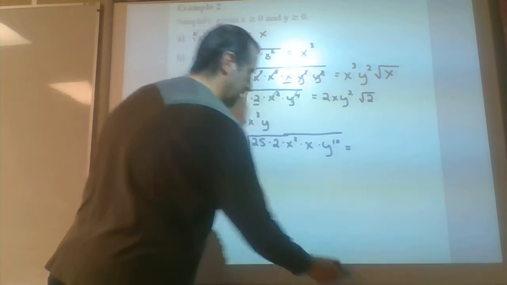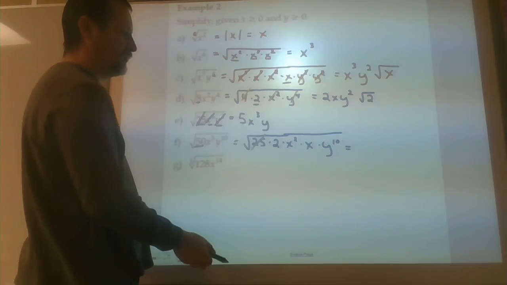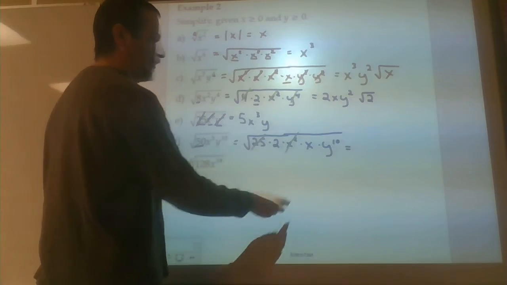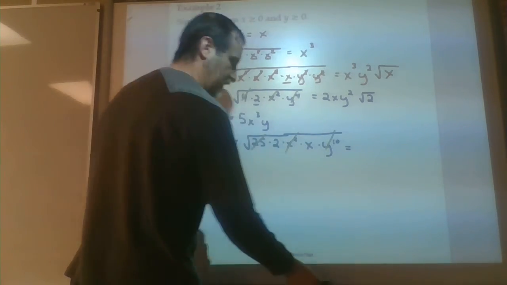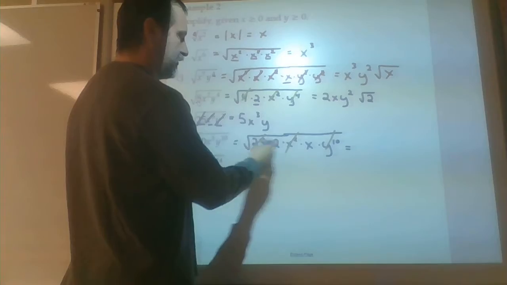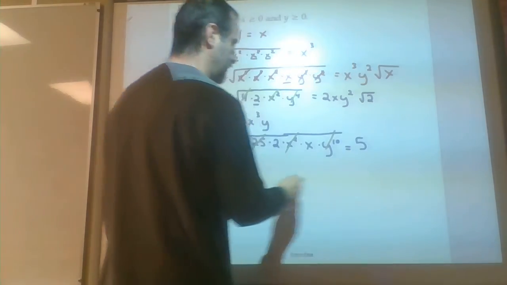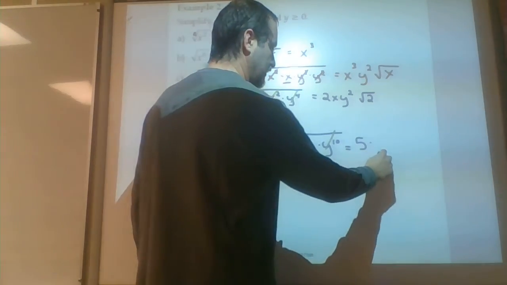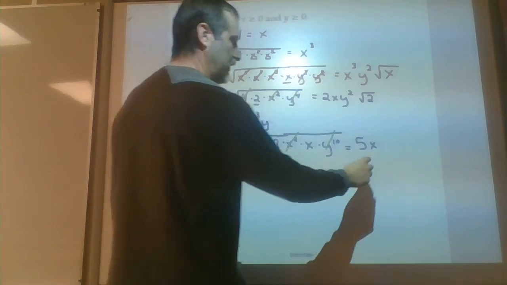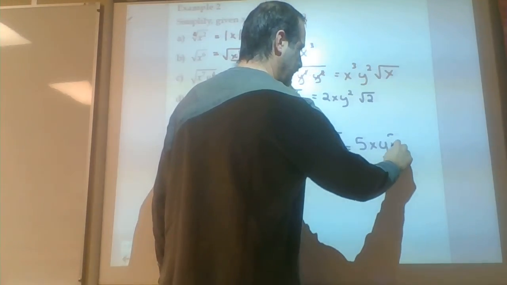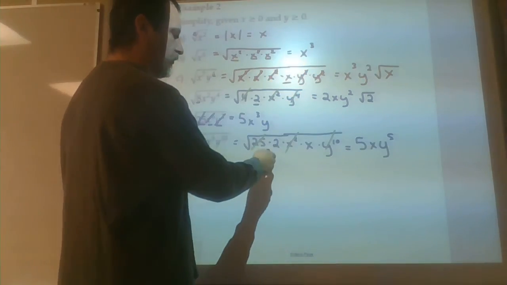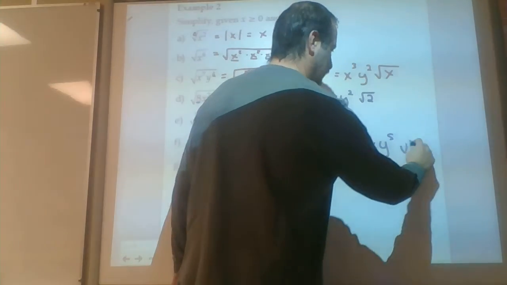And again, I can look through here. I can pull that square root of 25 out. I can pull the x squared out. I can pull the y to the power of 10 out, because they all have an answer. Square root of 25 is 5. Square root of x squared is x. Square root of y to the power of 10 is y to the power of 5. And that's left with a 2 and an x under the radical symbol.